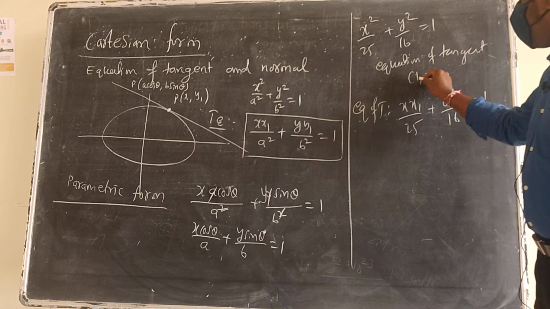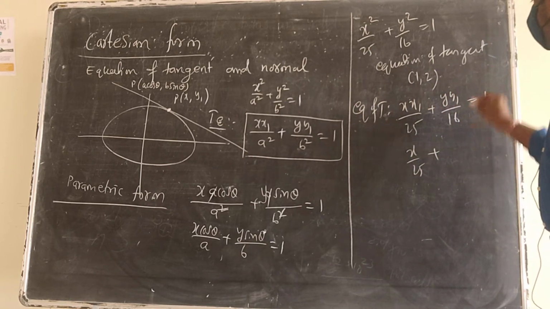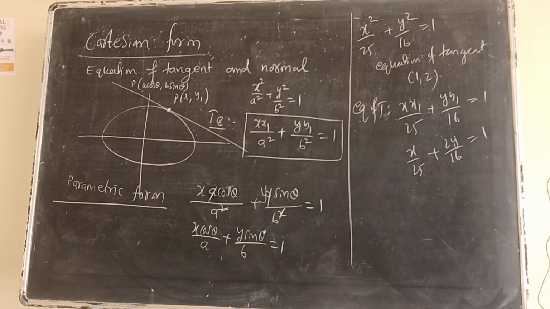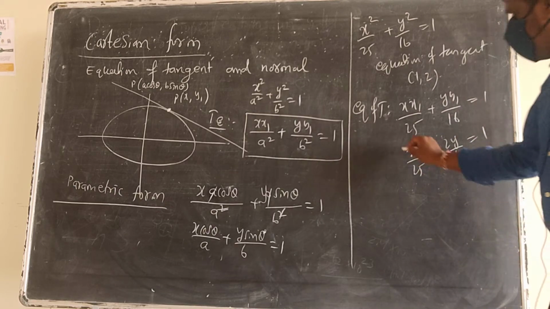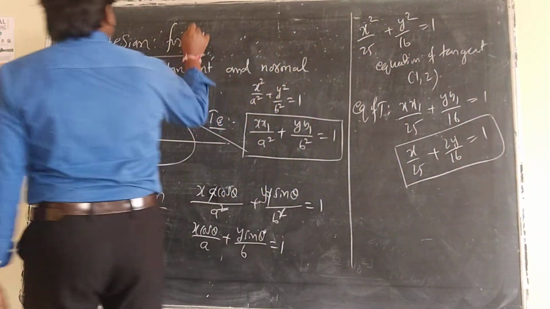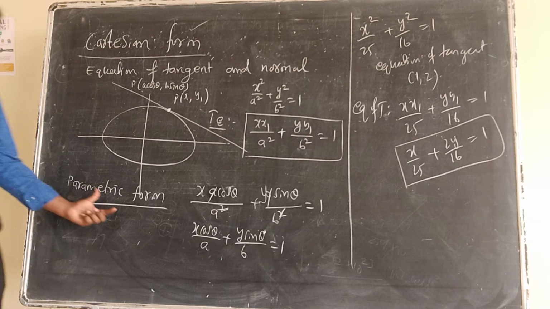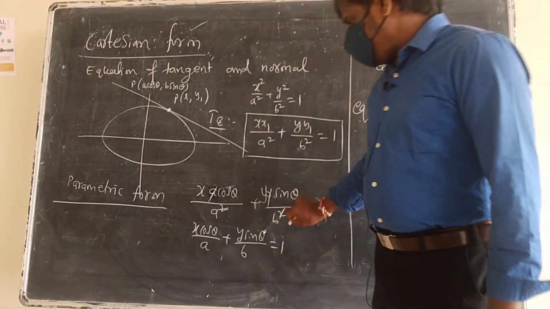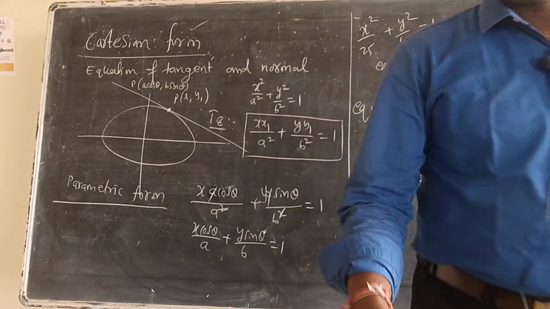We substitute x1 as 1 and y1 as 2, so x/25 + 2y/16 = 1. After that we take the LCM, and x plus 2y equals something. So this is the equation of the tangent when a particular point is given, the Cartesian form, and the other is the parametric form of the equation of the tangent. Understood what I said? Please note down.